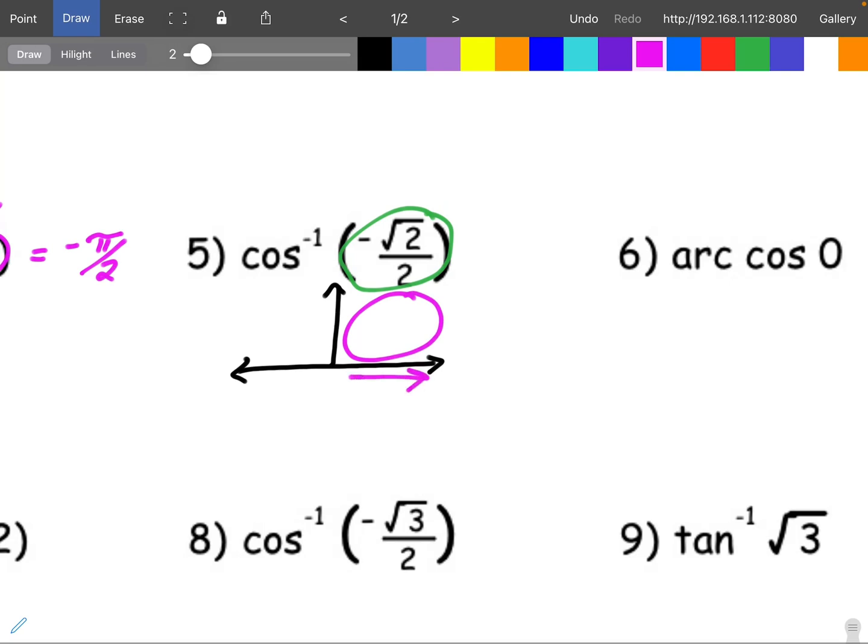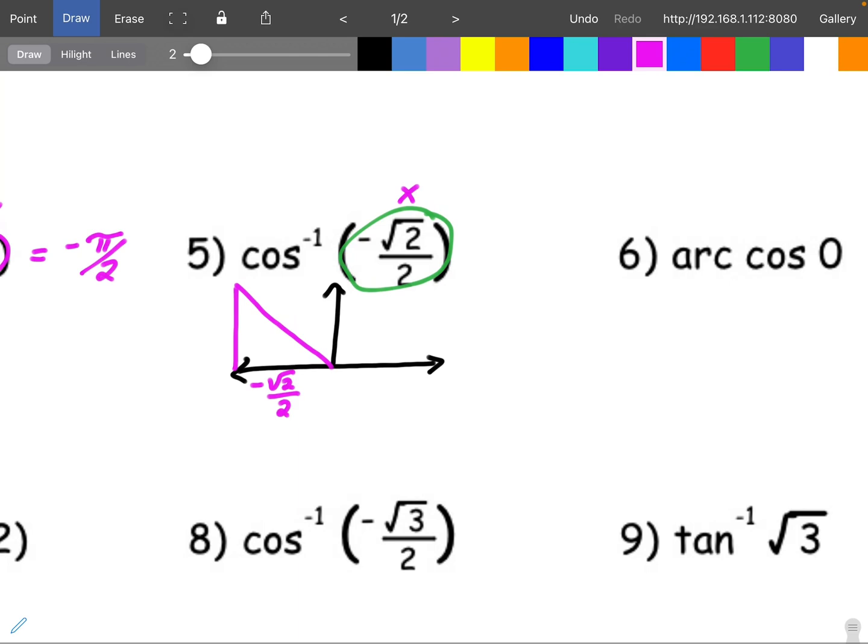Well, anywhere in the first quadrant, your cosine, your x value, would be positive. So it's not there. Cosine would only be negative over here. So then that has to be happening in the second quadrant. So we draw our triangle. Now, cosine, remember, is x, which means that negative square root of 2 over 2 goes on the x-axis, the horizontal component.